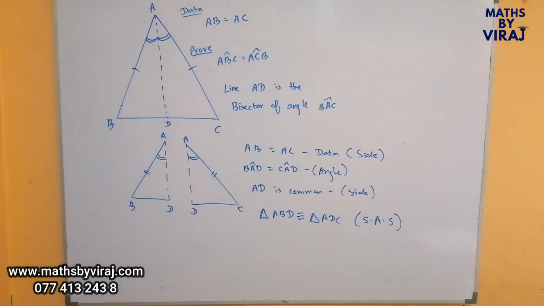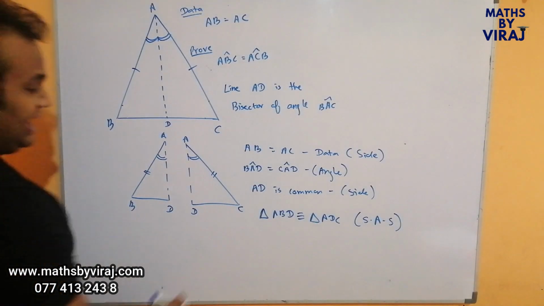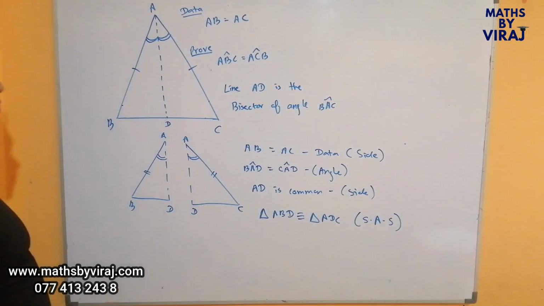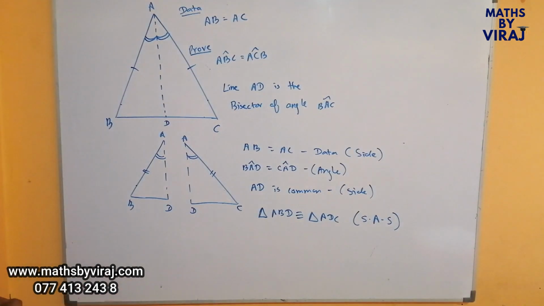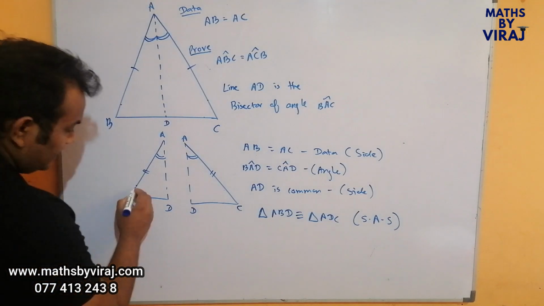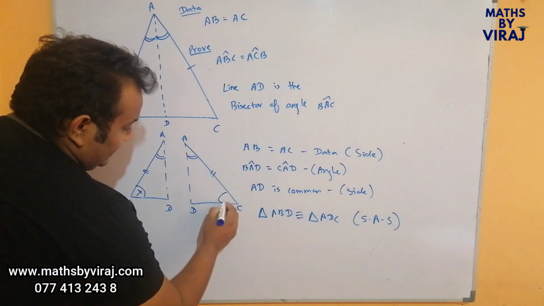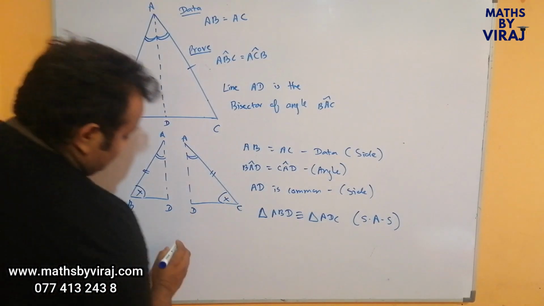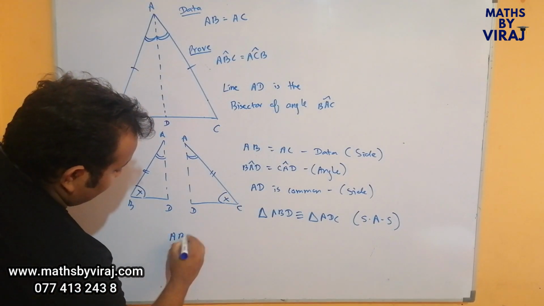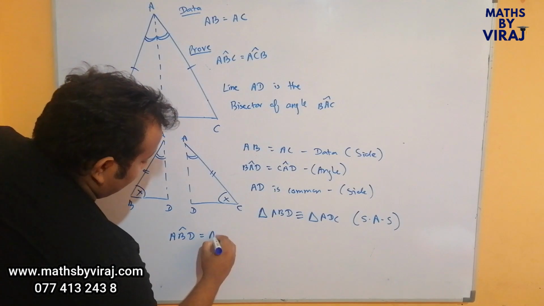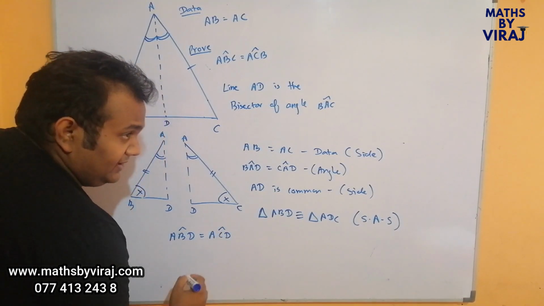By side angle side, we can say that triangle ABD is congruent with triangle ADC. Therefore, we can say that angle ABD is equal to angle ACD. That is, angle ABD is equal to angle ACD. What are they?